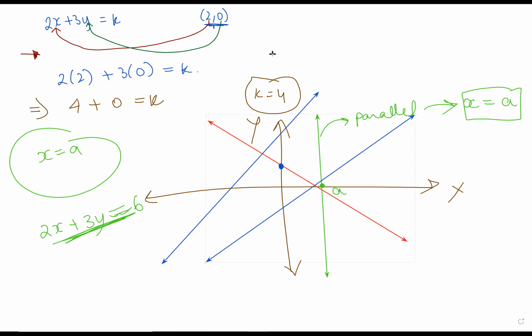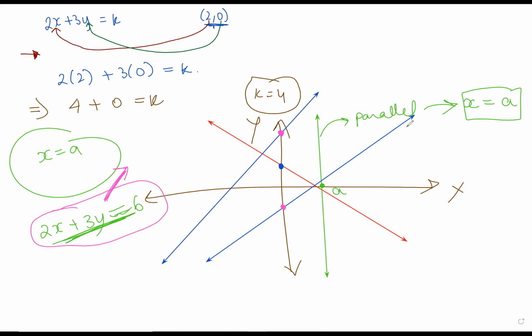Basically, it is cutting the y-axis at some point. This one is cutting the y-axis over here. This one is cutting the y-axis over here. So that's what they're asking us: you plot a graph for this. It will be in the shape of a line. And where is that line cutting the y-axis? That's what they're asking us.